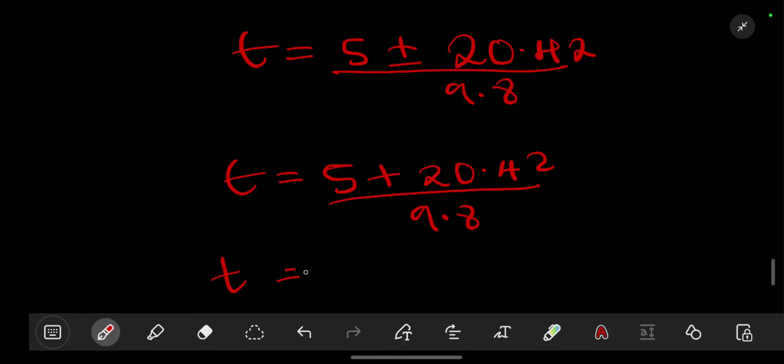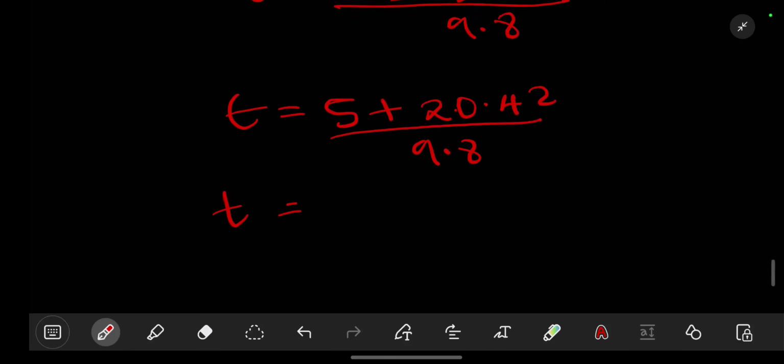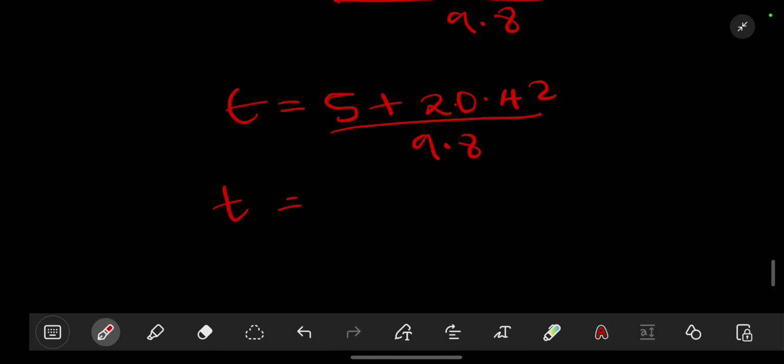If we add that, 5 plus 20.42 is 25.42, divided by 9.8, this is going to give us a value of 2.59 seconds. So this is the time it will take for it to strike there. Let's move on to our next question.